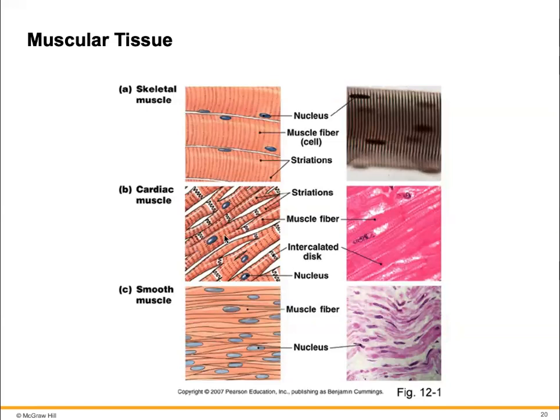The other variation you see between these two is that the skeletal muscle, again, are these long tubes where cardiac muscle is more condensed and it branches, and the separate branches of the muscle fibers will connect to one another through these structures called intercalated discs. These intercalated discs are tight junctions from one cardiac cell to another that actually allow the movement of ions from one cell to another.